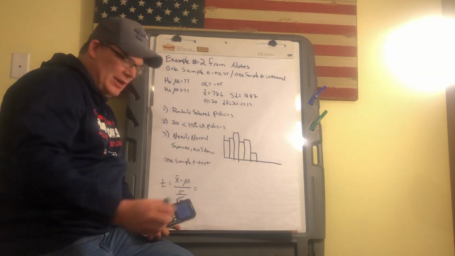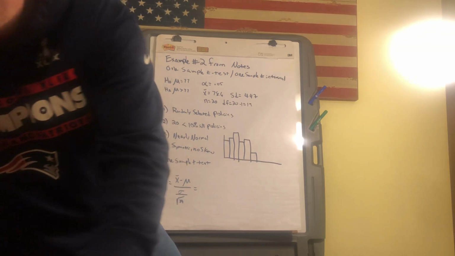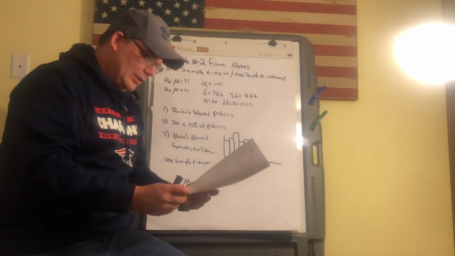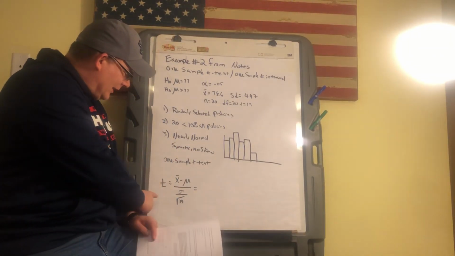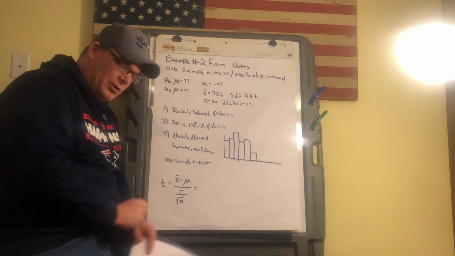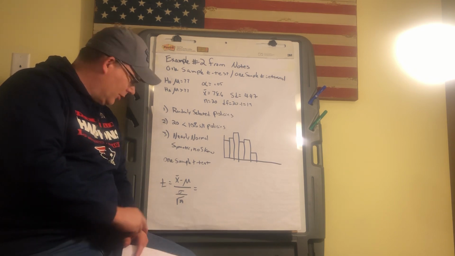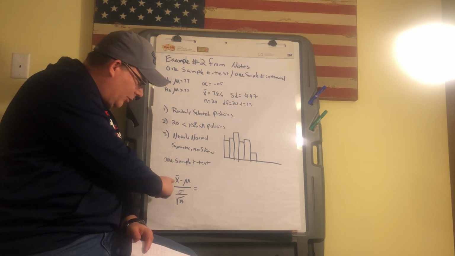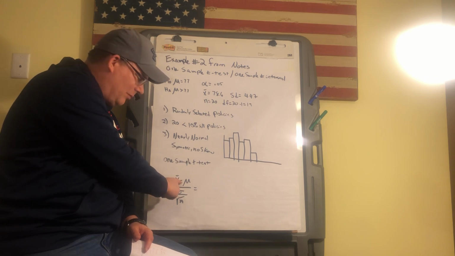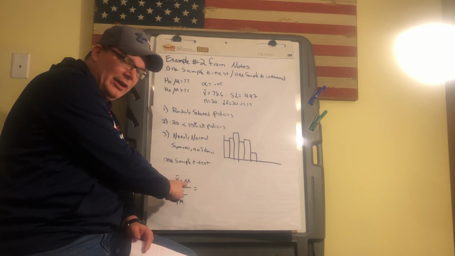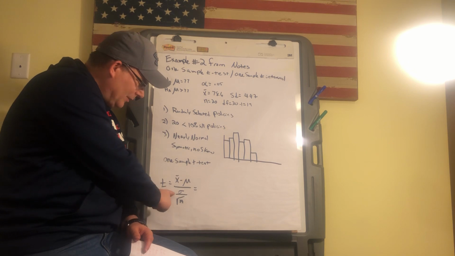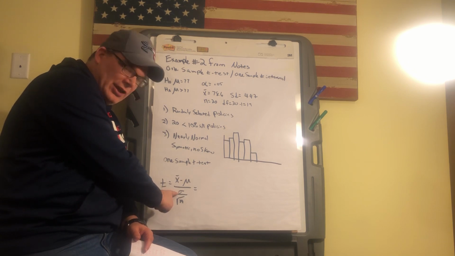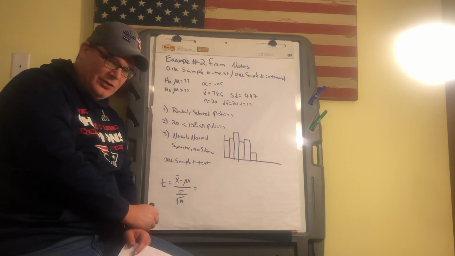So we're going to do a one sample t-test here. In setting that up, our formula for the t-score is going to be our sample mean minus what we expected from the hypothesis, and then here we're going to have our standard deviation divided by the square root of n.